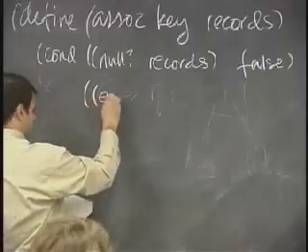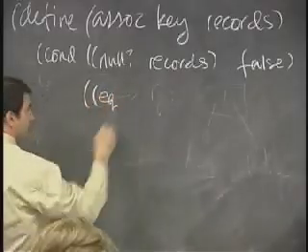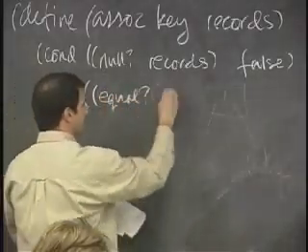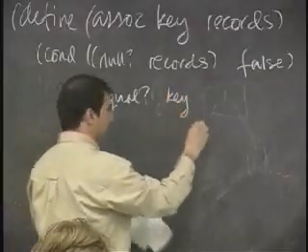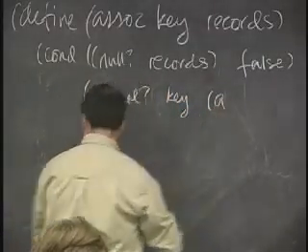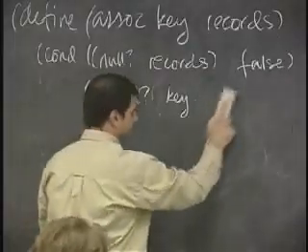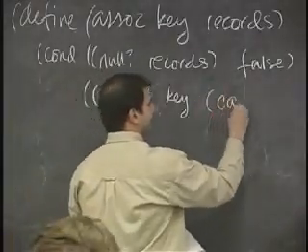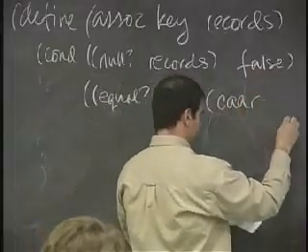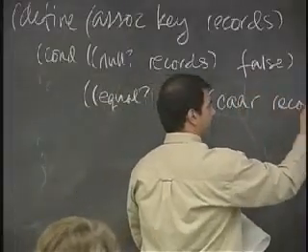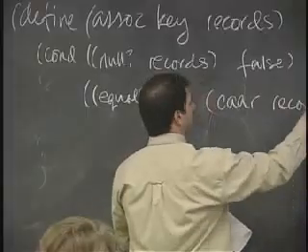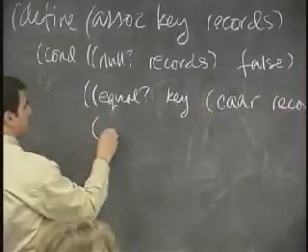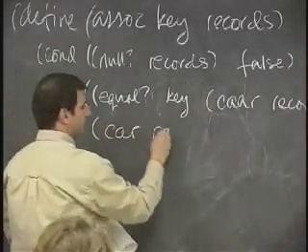If, on the other hand, we use equal. If the key is equal to the car of the records, we then return the car of the records.